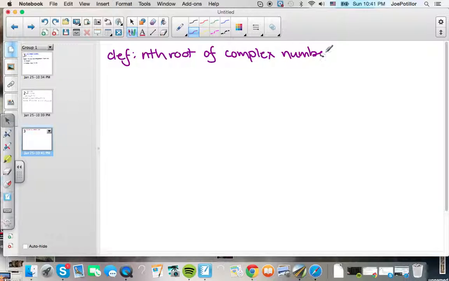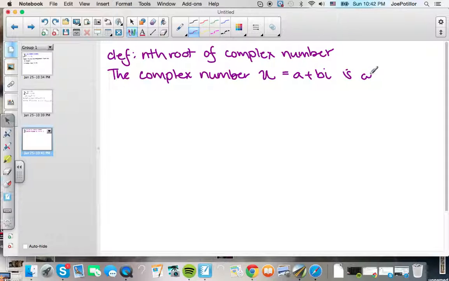The complex number u equals a plus bi is an nth root of the complex number z if z is equal to u to the n, which is equal to a plus bi to the nth power.